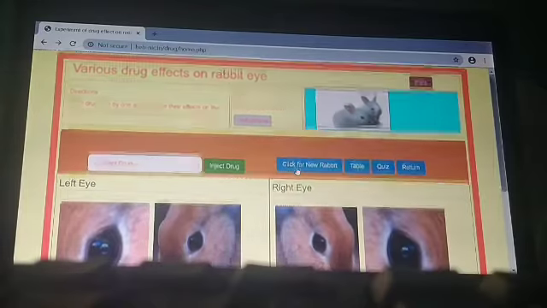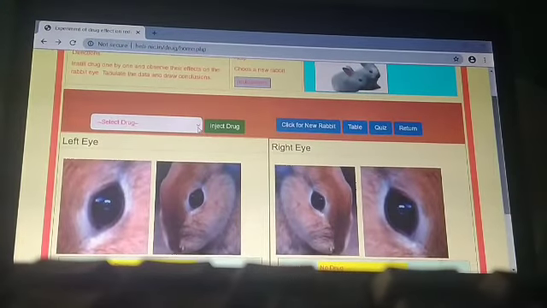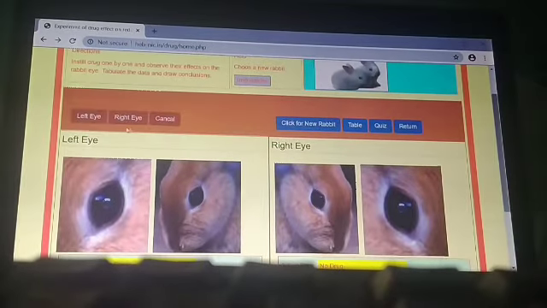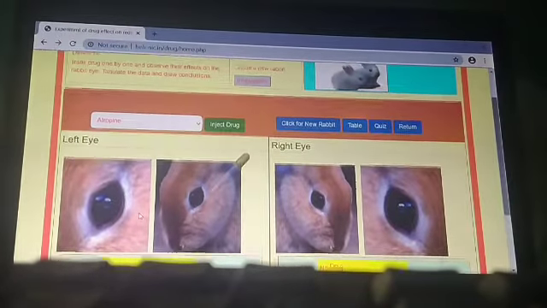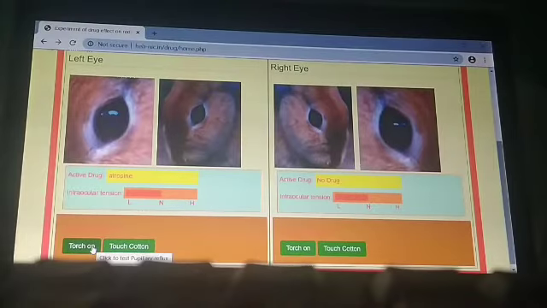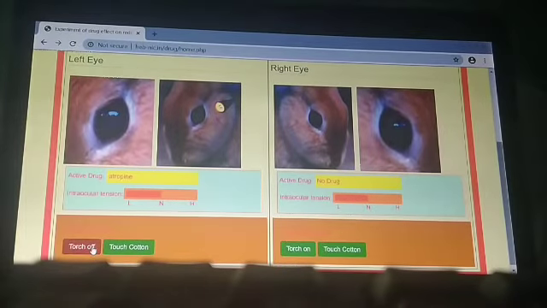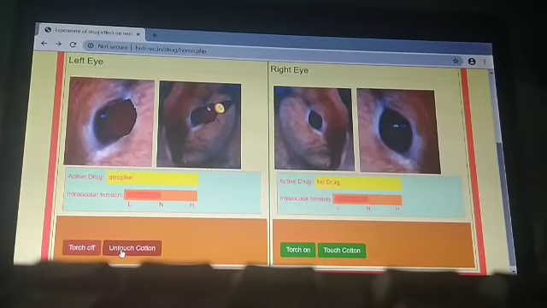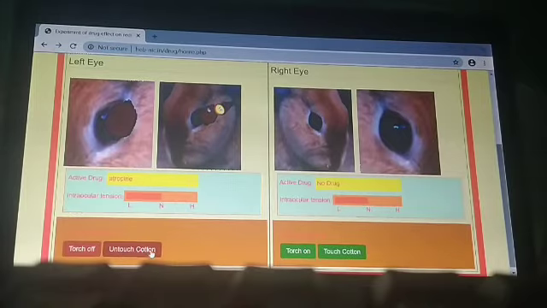For each drug, it's better to click a new rabbit eye. So suppose here atropine, inject, left eye, increased pupil size, zero light reflex, and cotton touch, there is a corneal reflex.